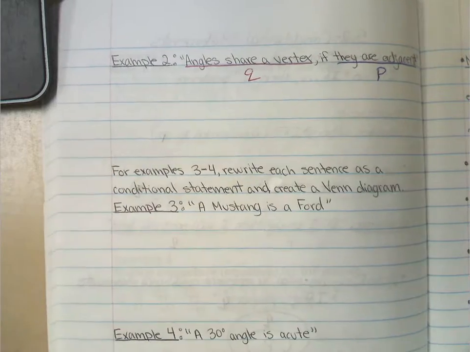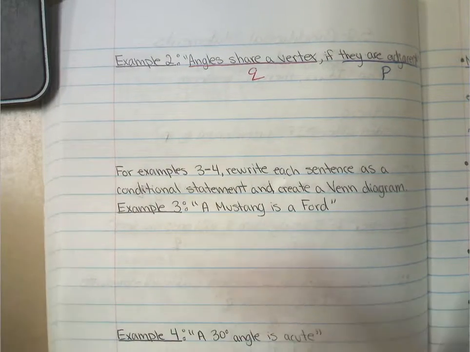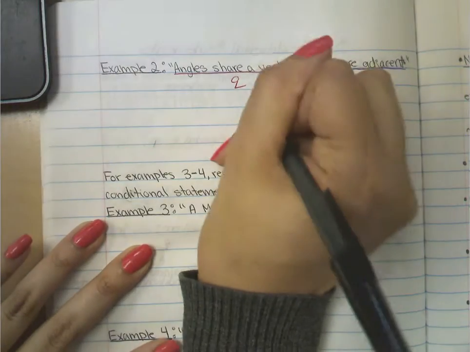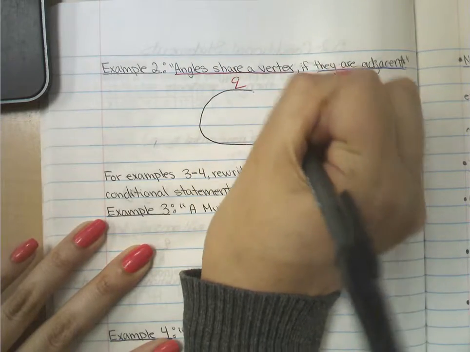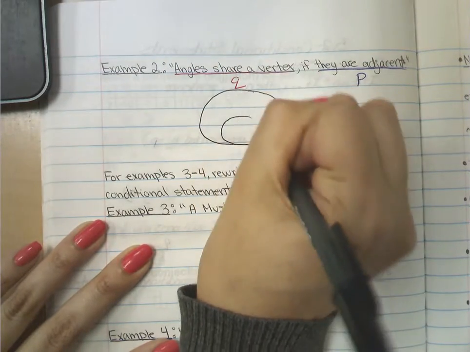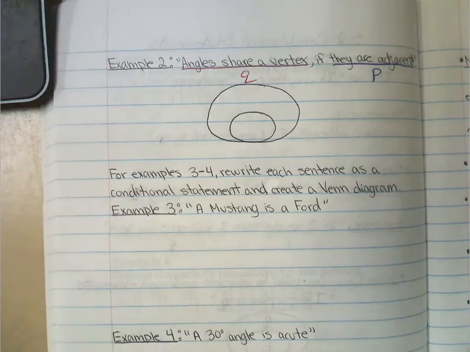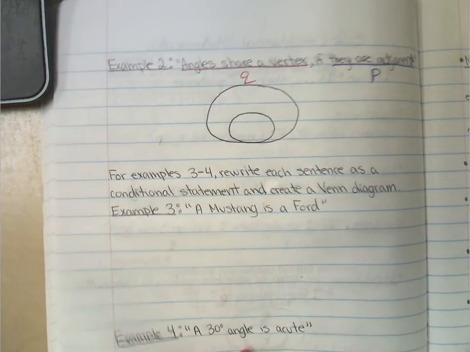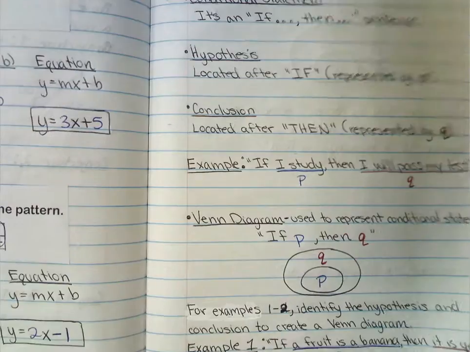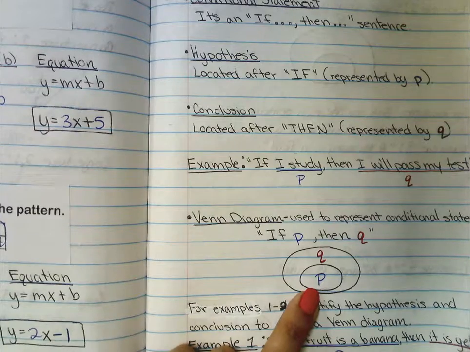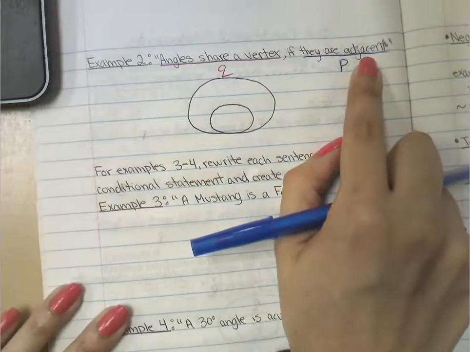That's a hypothesis. So again, I'm going to create a Venn diagram. So I'm going to draw two circles. On the inner circle, if you recall, goes my hypothesis. So inside I'm going to put adjacent angles.